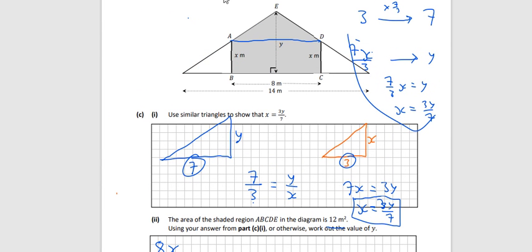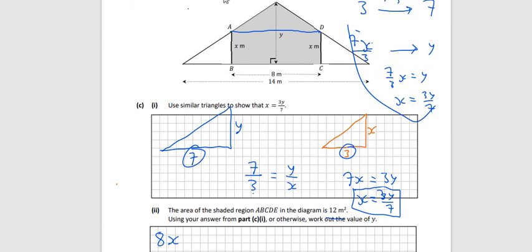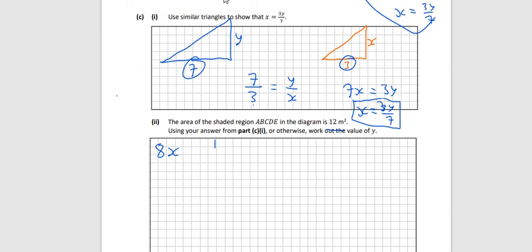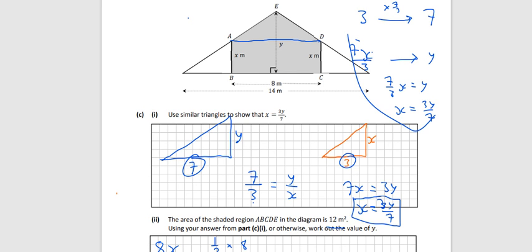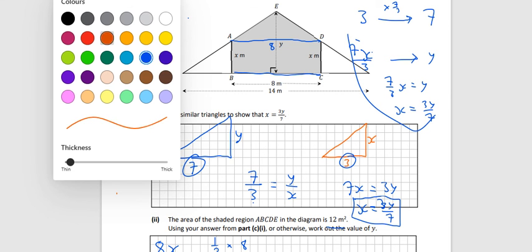The area of the triangle would be a half times base times height. So that would be a half multiplied by the base, which is 8, because that blue line has to be 8 there. The bottom down here is 8, so that has to be 8. Multiplied by the height. The height then is going to be this little bit up here.